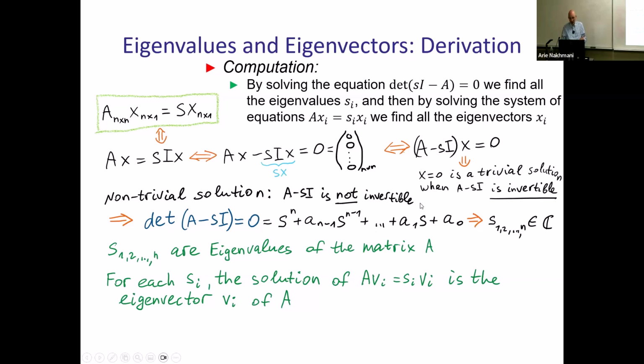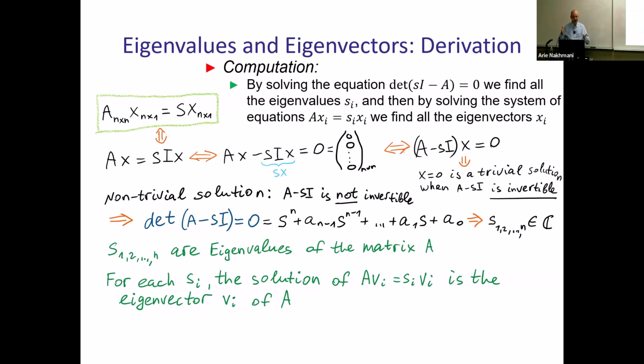Now you have eigenvalues. You can put them back one by one into that equation. And now you need just to find that x, which works here. So this becomes just a system of linear equations. You can move that thing here, right? So you can actually solve that equation for a given s. So s will be a number, right? So you can solve that system of linear equations and find x, which corresponds to that particular s.